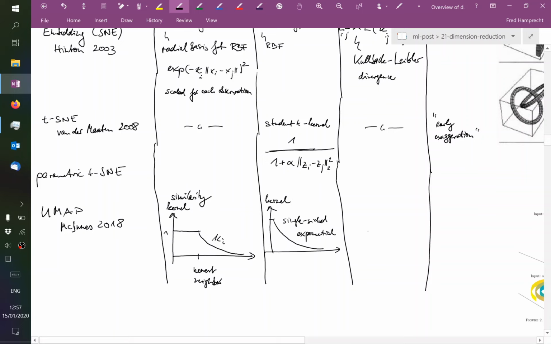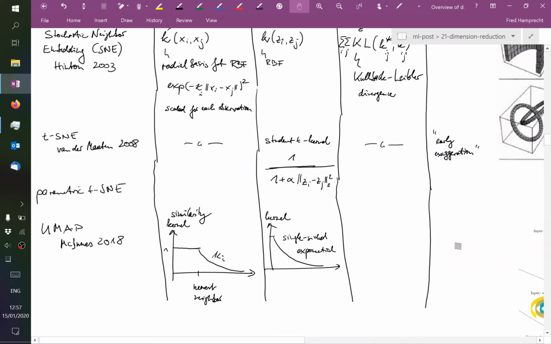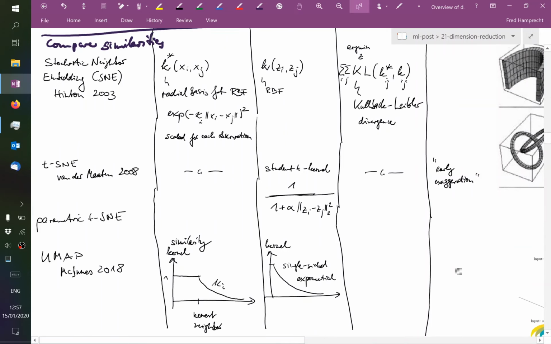Now, to optimize, they use not the Kullback-Leibler divergence, but the cross entropy. So they minimize over Z, sum over i, sum over j, the cross entropy between this kernel that they defined in the high dimensional space and the kernel that they defined in the low dimensional space.